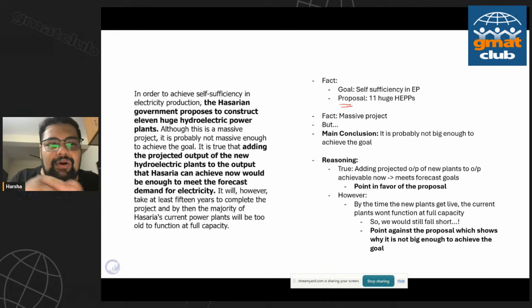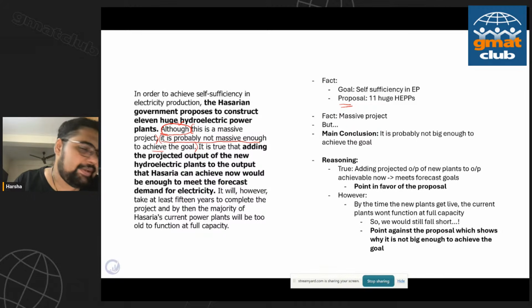Although this is a massive project, the author tells you, yes, it's massive, but there's a contrast: it is probably not massive enough to achieve the goal. Was everybody able to identify that this statement was the main conclusion, or was there a struggle here?